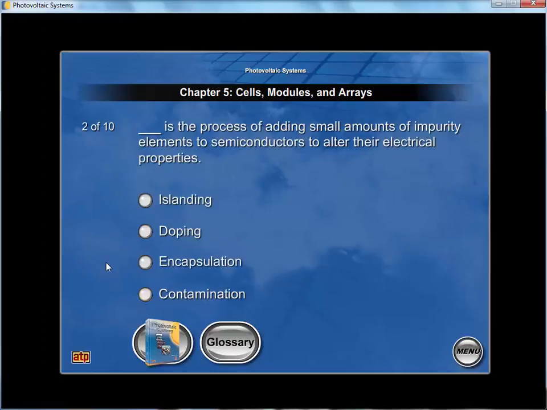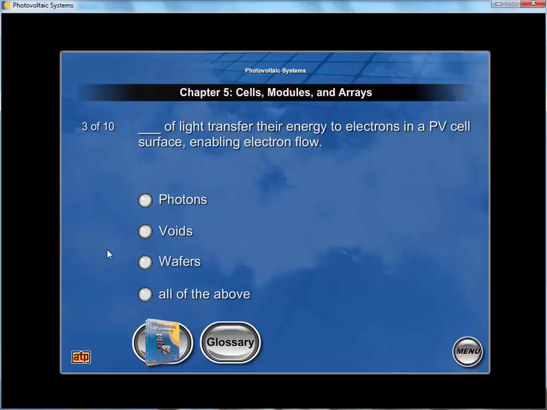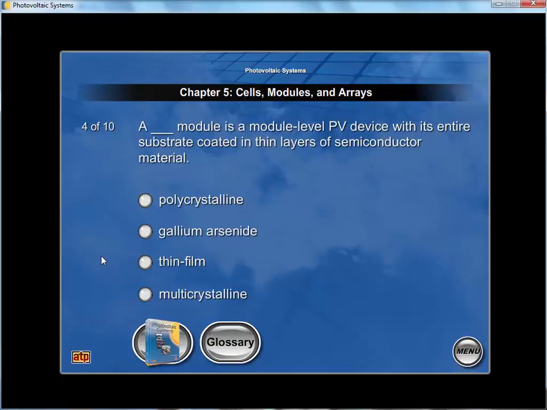Nice. Photons of light. I like that one. What is it like? Entire thin layers. Thin film?